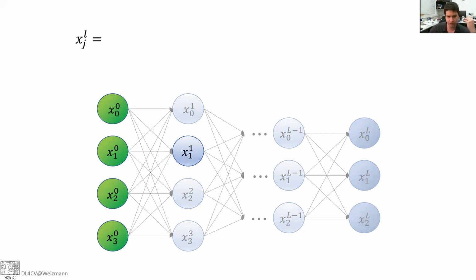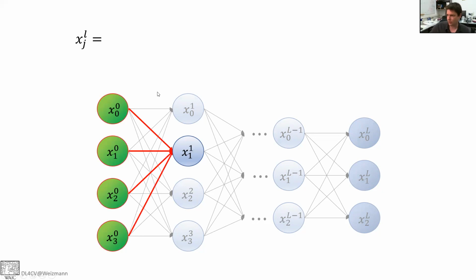Okay, and we're going to define how this function is actually applied to the neurons of the layer. So if we take as an example this neuron in layer number 1 over here, and want to check this function, we're going to define it this way.